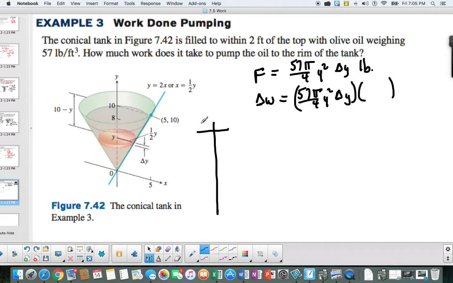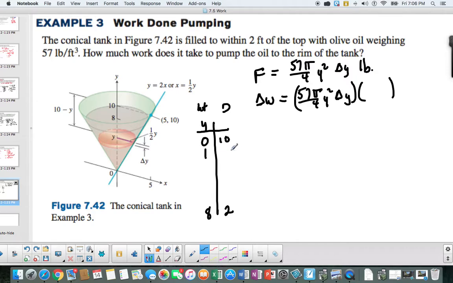So my y position, which is going to be my height, and now I want to figure out the distance traveled. When I'm here at 0, it's going to travel the whole distance, which is 10, and when it's here at 8, it's going to travel a distance of 2.